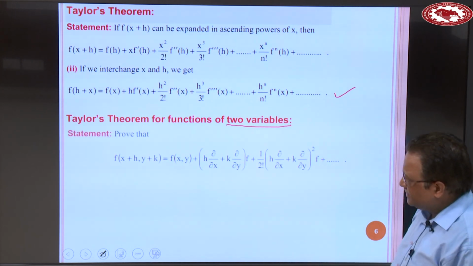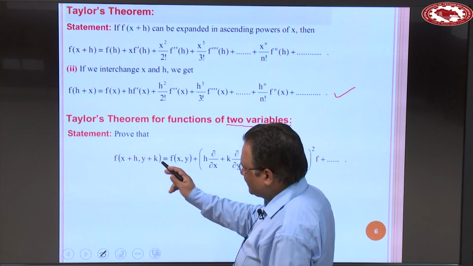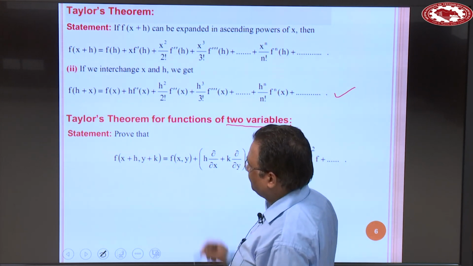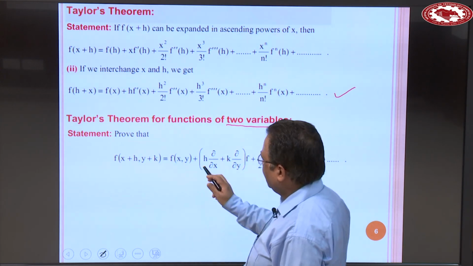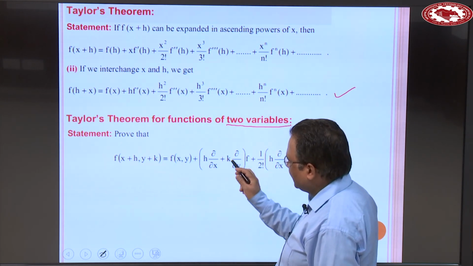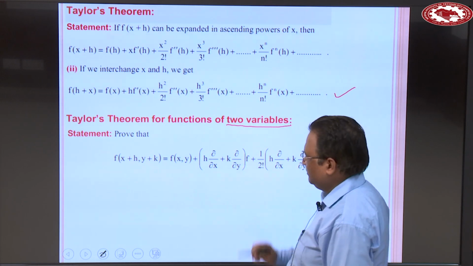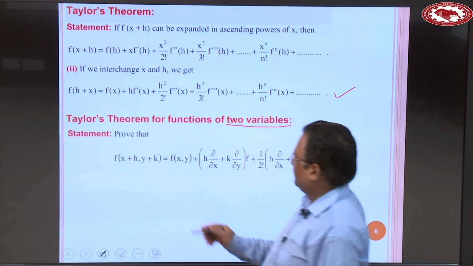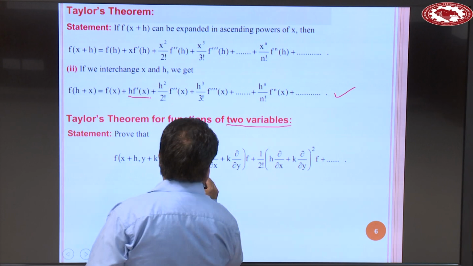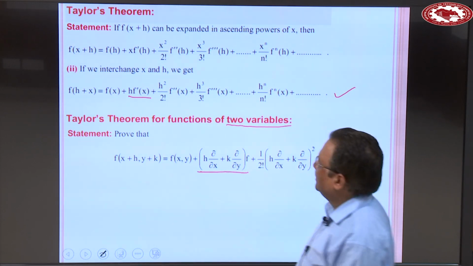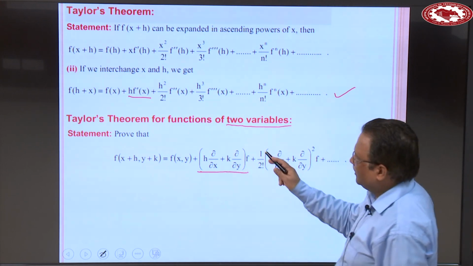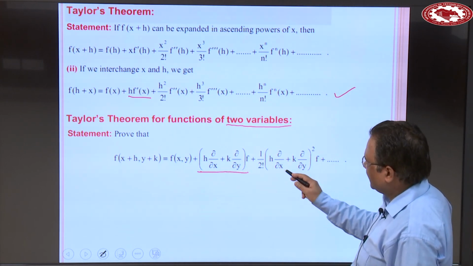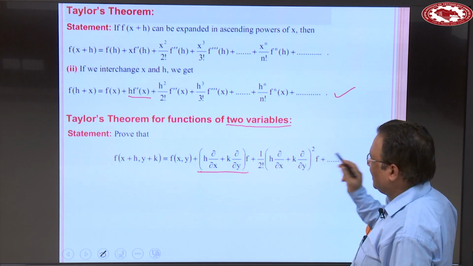So that statement is f(x plus h, y plus k) is equal to f(x, y) plus h del over del x plus k del over del y f. This is the second term. Plus 1 over 2 factorial h del over del x plus k del over del y squared f.